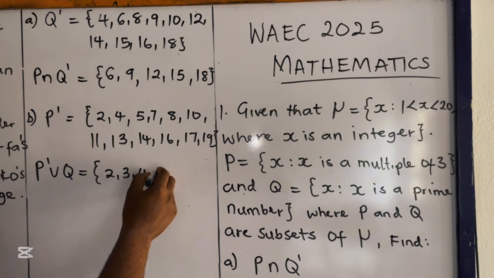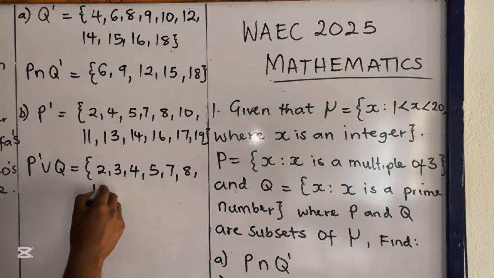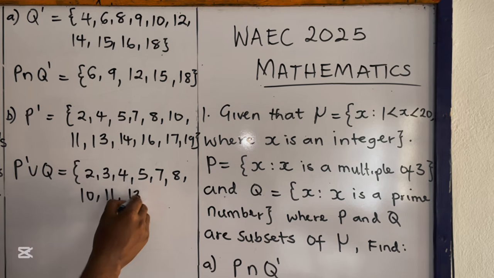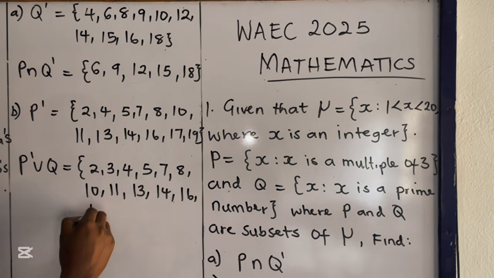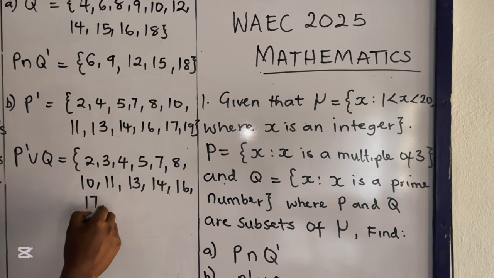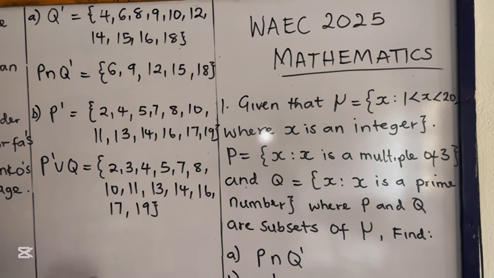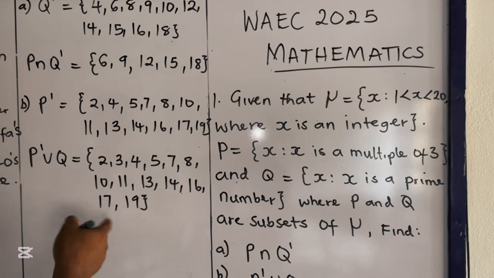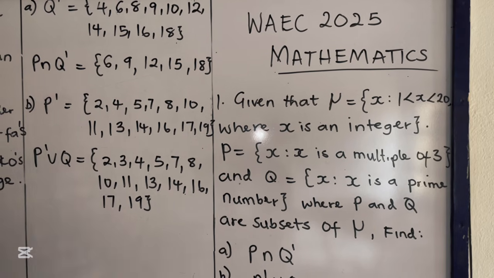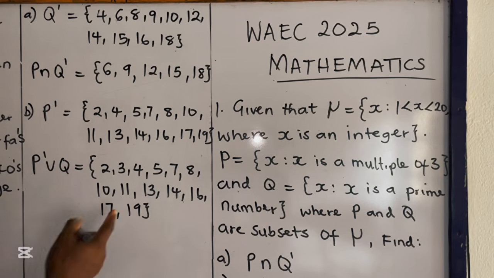We also have 5, 7, 8, 10, 11, 13, 14, 16, 17, and 19. Alright, so P prime union Q is the set 2, 3, 4, 5, 7, 8, 10, 11, 13, 14, 16, 17, and 19.